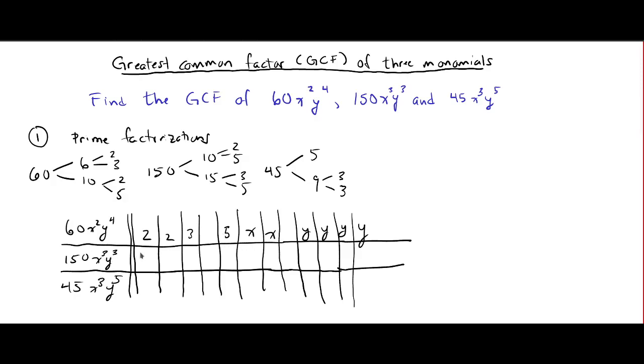And we do the same thing for the remaining 2 monomials. So let me just fill that in quick here. I realize I missed a column, so let me adjust that. So we've got 3 x's and 3 y's for the x cubed, y cubed. And then the 45, we've got 2 3's and a 5.